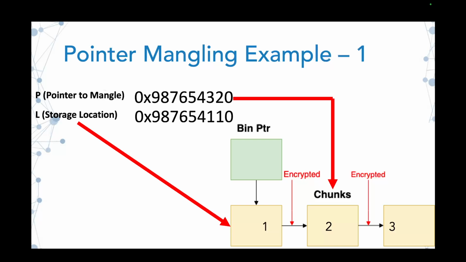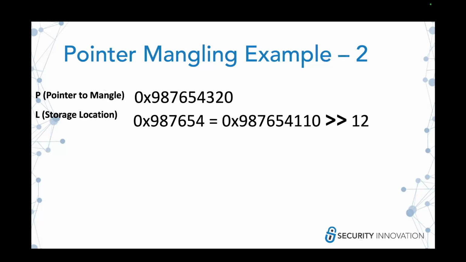What does this actually look like? Here, we have the pointer to mangle, chunk 2, and then the storage location of chunk 1. So first, we're going to shift the storage location by 12, which gives us 987,654. Notice that this just kills the last 12 bits in effect.